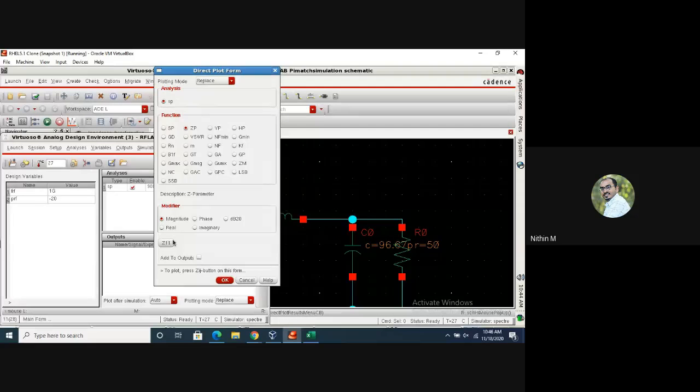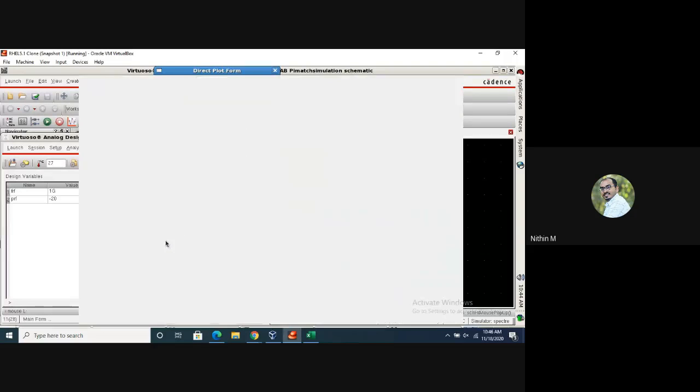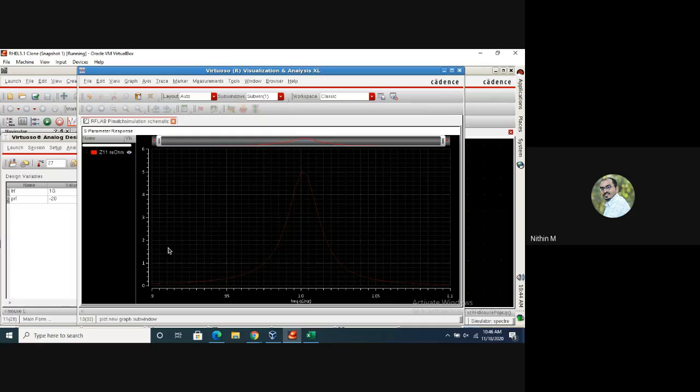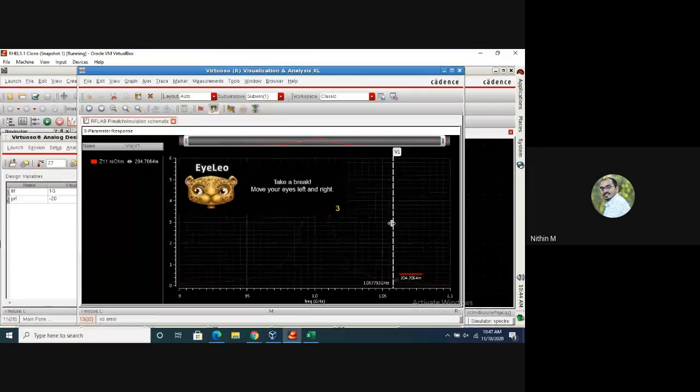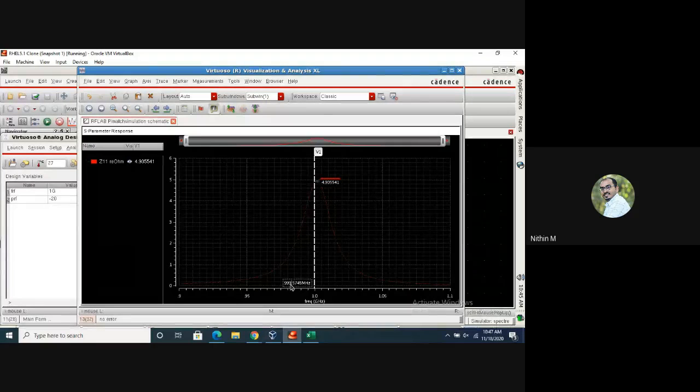Just give replay Z parameter real and I'll plot Z11, and you can see that I'll take a vertical trace. I'll keep it at 1 giga. I can see that the resistance is very close to 4.98.